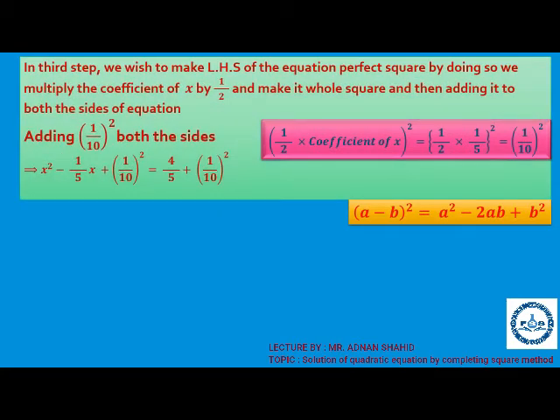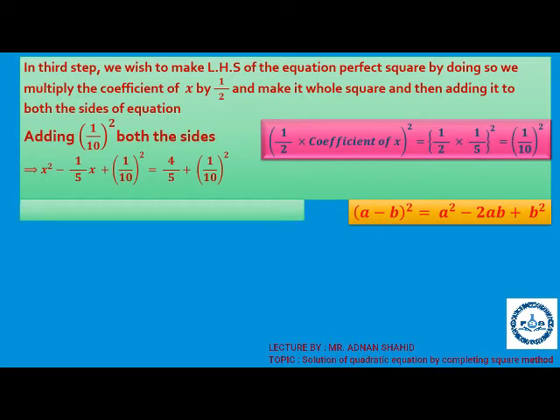Now in this step, look at the pink box, we make the left hand side of the equation a perfect square. For making it a perfect square we need minimum 3 terms, and in the last step we have seen that there are 2 terms.